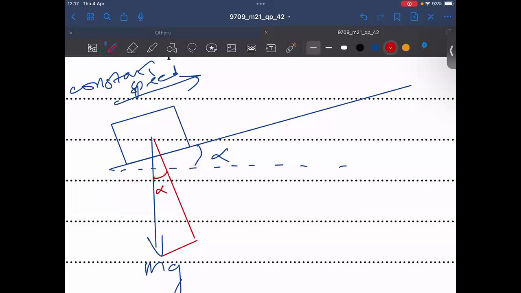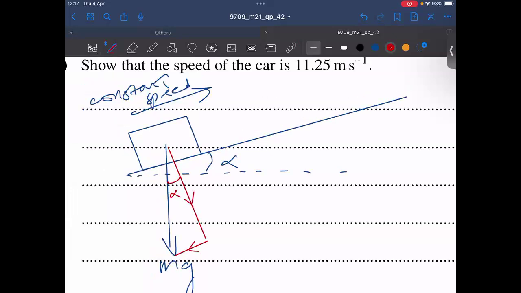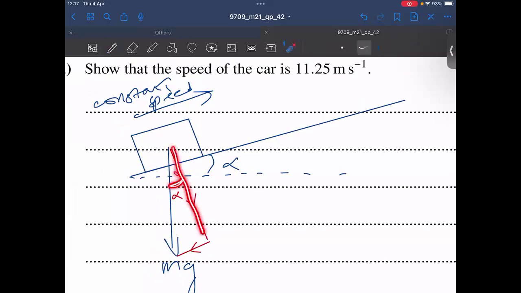This component that is perpendicular to the plane is going to be directed downwards, and this component parallel to the plane is going to be directed down the plane. This component is adjacent to alpha, so this is going to be the cosine component, mg cos alpha.